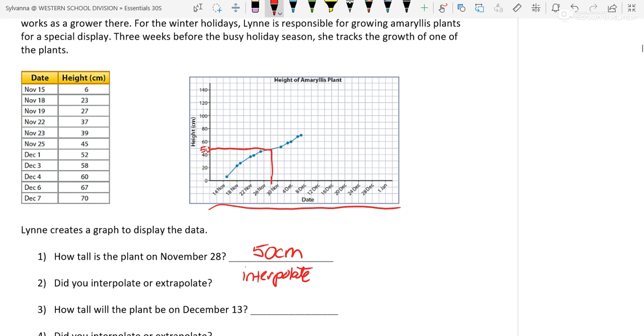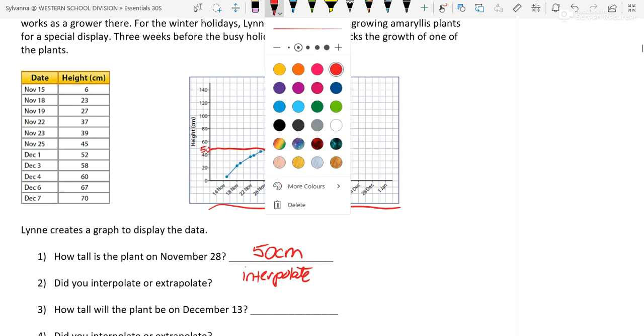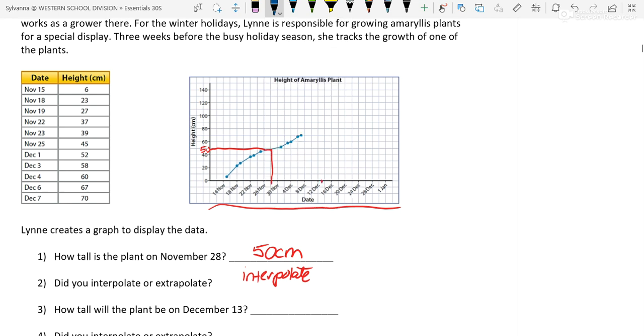So how tall will the plant be on December 13? December 13 is close to December 12, so maybe it would be about here. But if I look above it, there is nothing above for the graph. So what I have to do is extend it and make an approximation now. Let's extend this graph by looking at its trend.